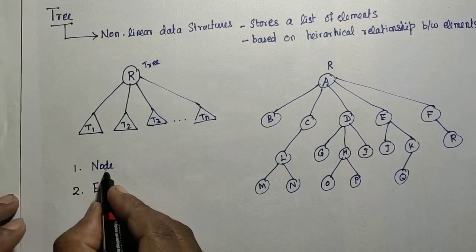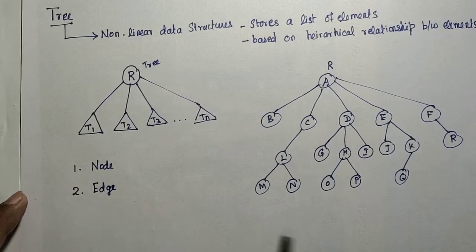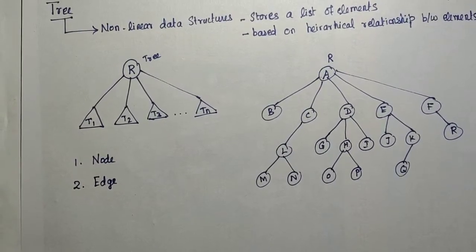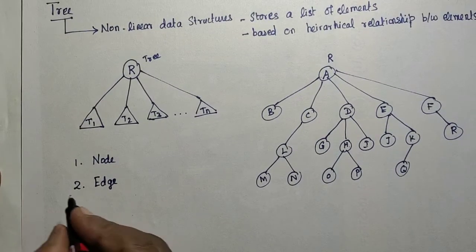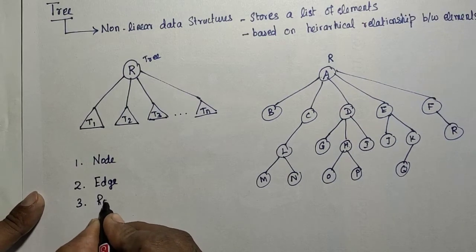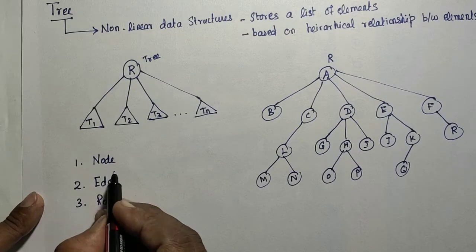So these are the two basic terms, node and edge. But whenever we see a tree, we need to know some other terms also. So what are the basic terms we need to know? Root. Generally the elements are called nodes.